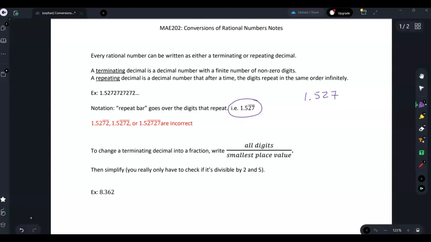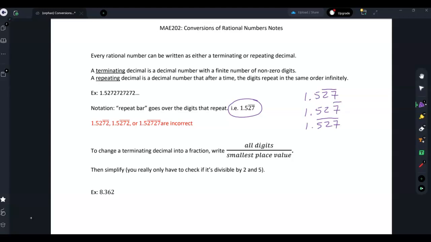And unfortunately, there's not really any way when you're saying it to indicate anything different in terms of which part is repeating. So for example, in this one, the 2 and the 7 are repeating, and I would read that as 1.527 repeating. But if only the 7 were repeating, I would still read it the same way, 1.527 repeating. If all 5, 2, and 7 were repeating, I would still read it the same way, 1.527 repeating.